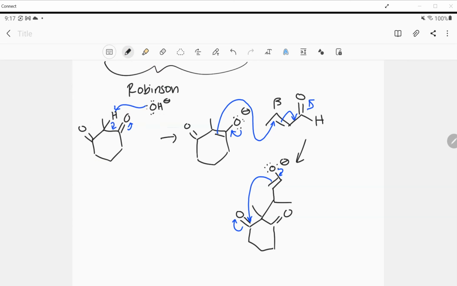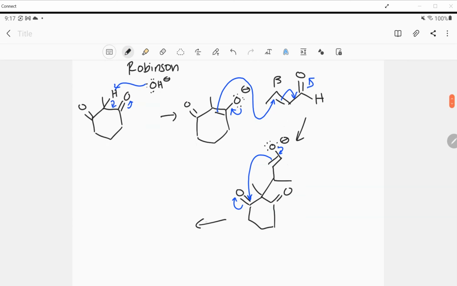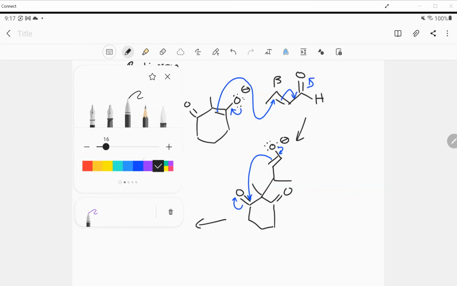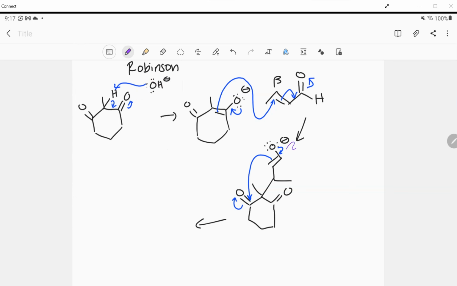If that happens, we're going to have a lot of counting to do here. So let's go ahead and see. So this carbon here is going to be connected to that carbon. So 1, 2, 3, 4, 5. So this is going to be a 5-membered ring that's connecting carbons 1 and 5 there.